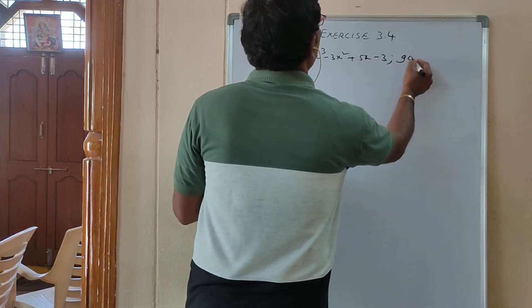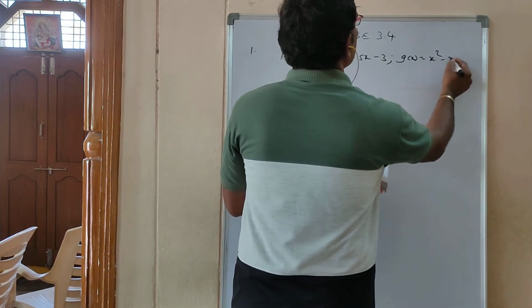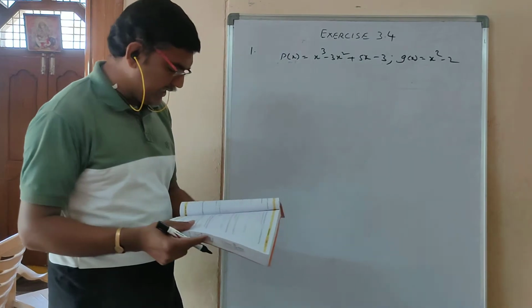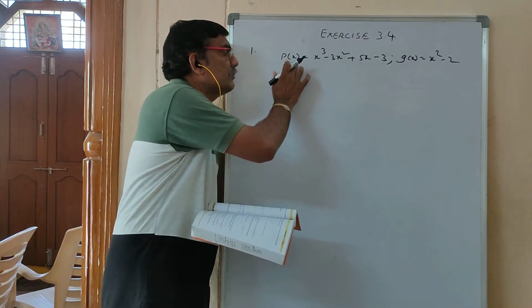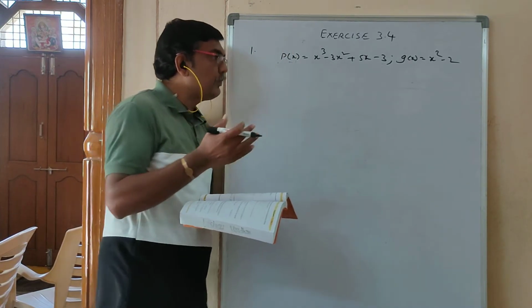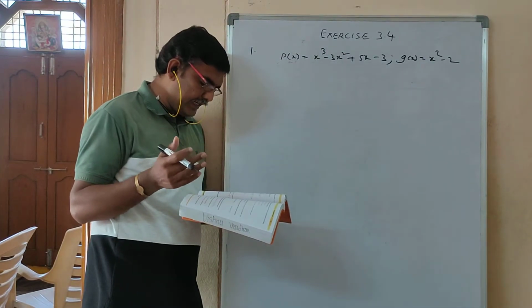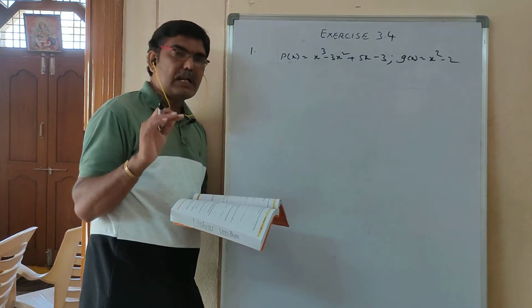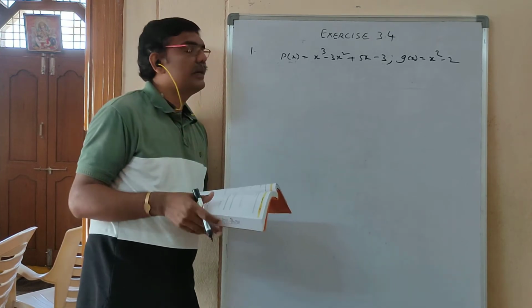And also g of x is given. What is that? X square minus 2. So here what he is saying is divide the polynomial p of x. This polynomial should be divided by which polynomial? By this polynomial. If you divide, what will you get? You have to write quotient and remainder.